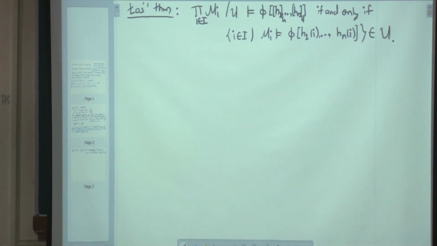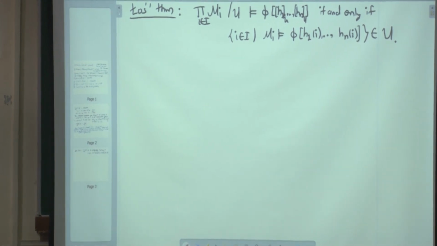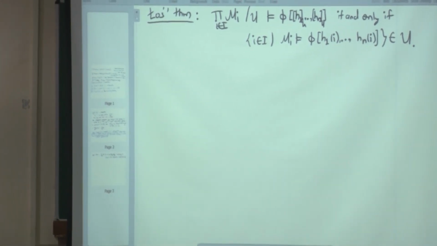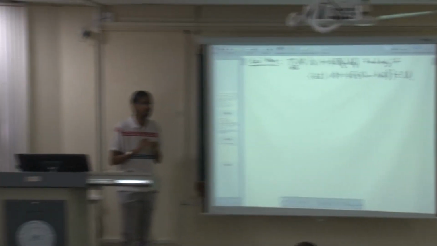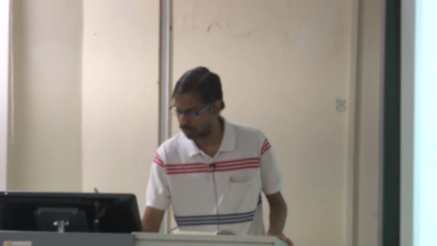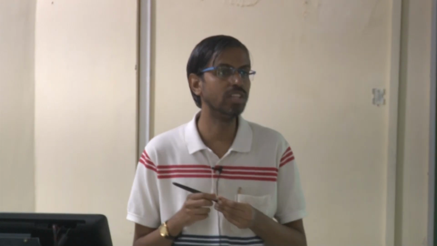Yeah, I told you that the proof is very simple. It's just induction on the complexity of formulas. But I am going to point your attention to one particular part of the proof.